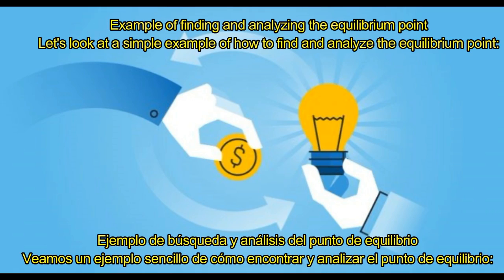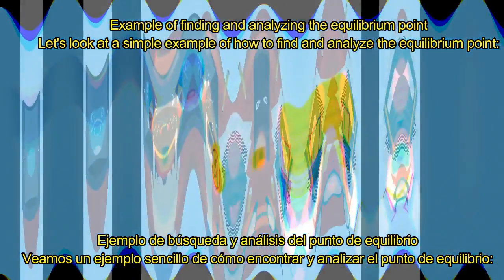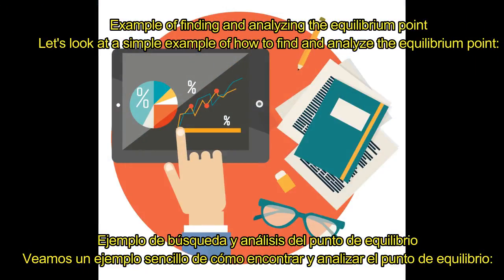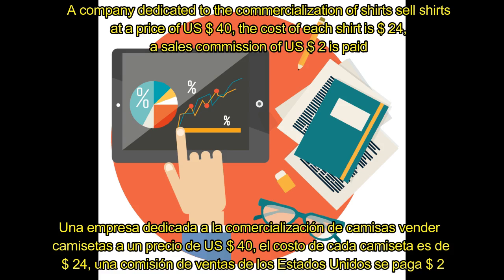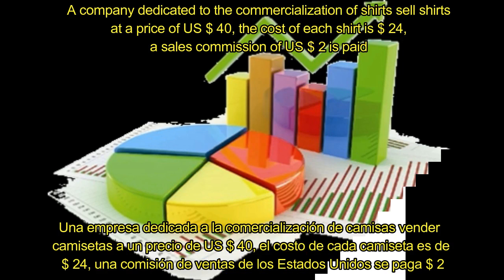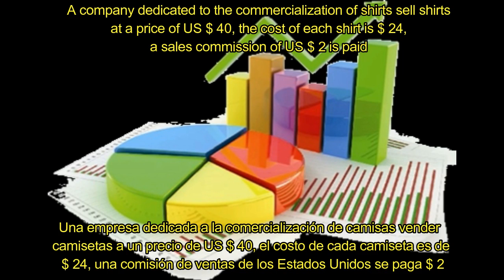Example of finding and analyzing the equilibrium point. Let's look at a simple example of how to find and analyze the equilibrium point. A company dedicated to the commercialization of shares sells shares at a price of $40. The cost of each share is $24.